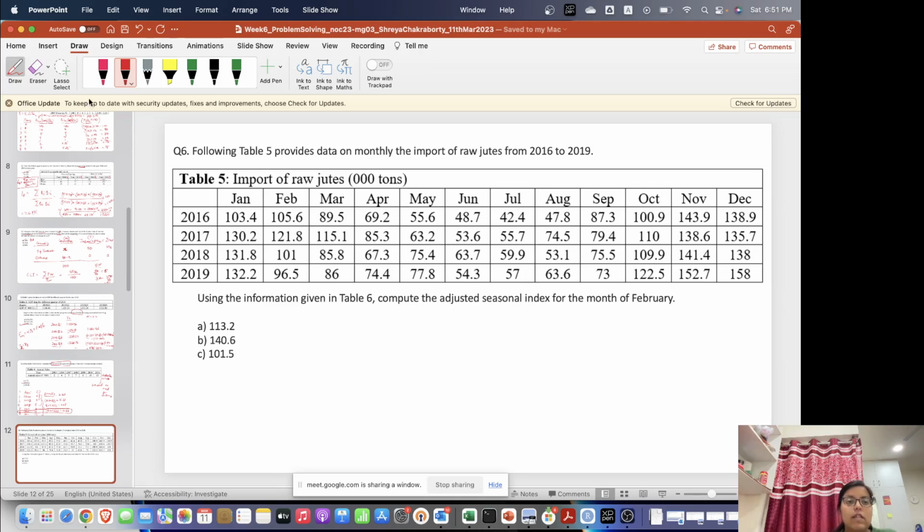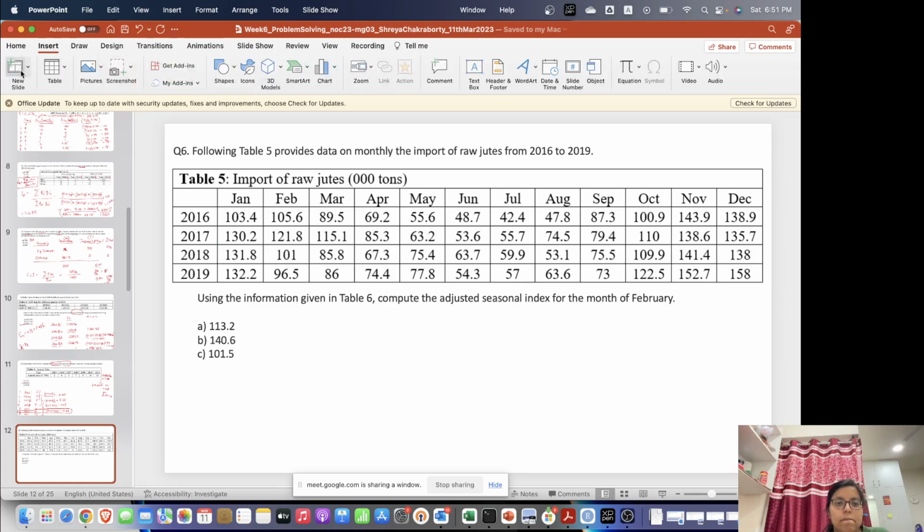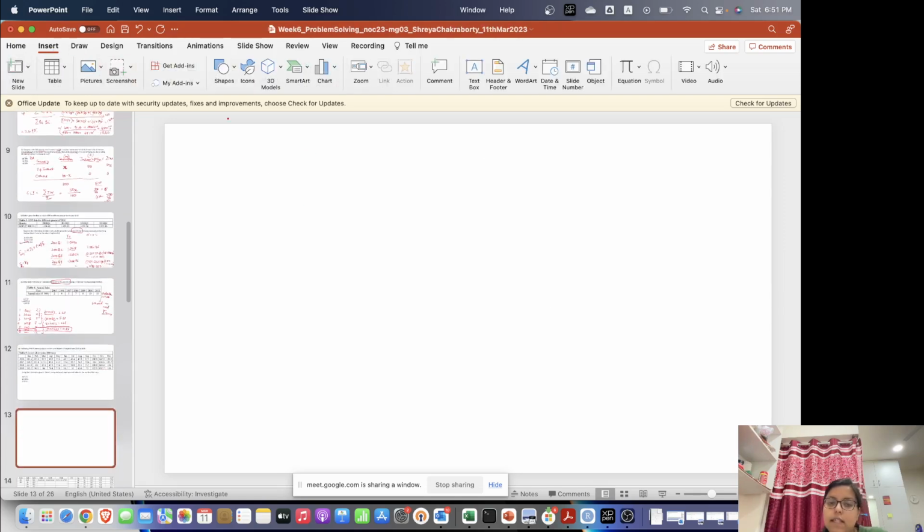Okay, so the first task is to compute a 12-point seasonal index. So how do we do that?